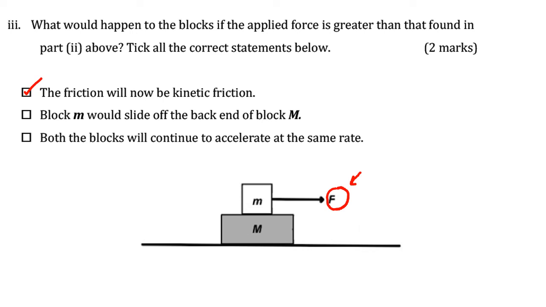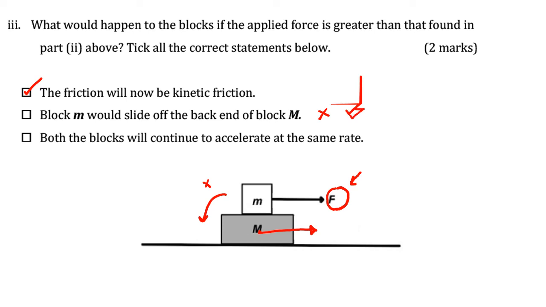Now, if the force was exerted on the upper block, then this would never be possible. Block m would slide off the back end of block M, so it is never possible. However, if the force was exerted on the lower block, then yes, this could be considered correct.